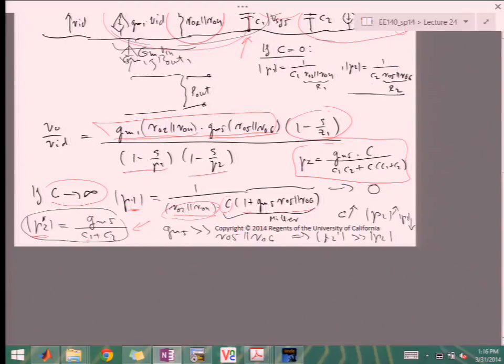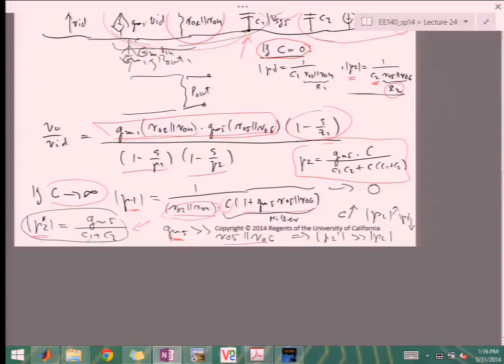If you look at what P2 is when C equals 0, P2 was really just the C2 loaded by the output resistance, R2. GM5 is much bigger than the output conductance, 1 over RO5, RO6.